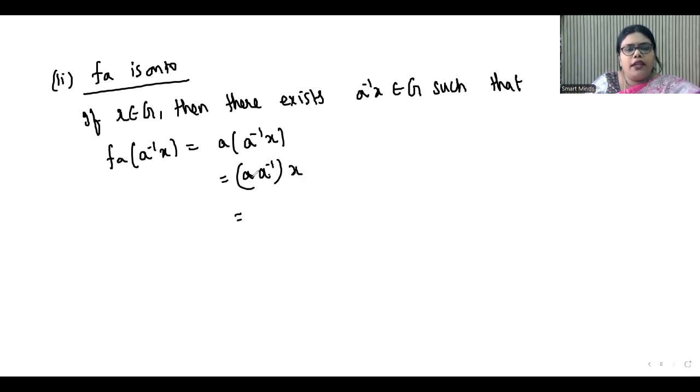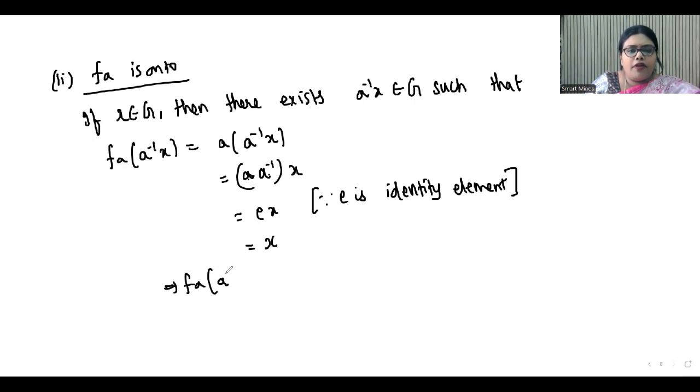And we know that A into A inverse is E. E is identity element. E is same as 1. So 1 into X is X. That means FA of A inverse X is equal to X. Therefore, FA is onto.